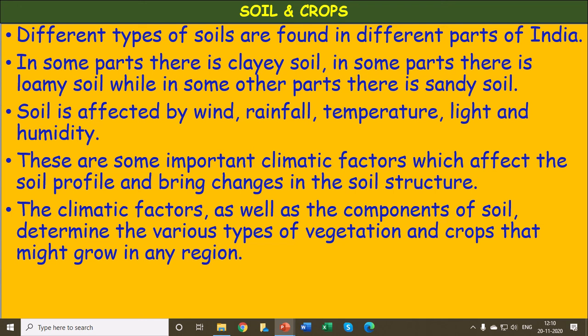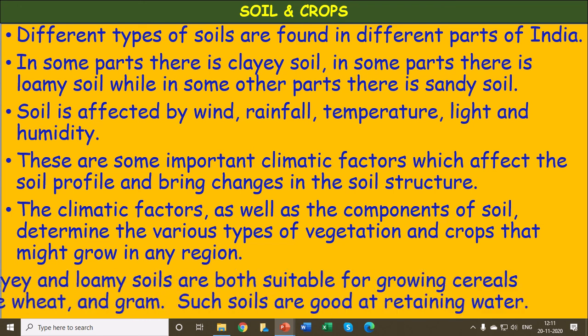The seasonal crops also vary from place to place. It depends on several factors like climatic factors and the components of the soil, which determine the various types of vegetation and crops that might grow in any region.